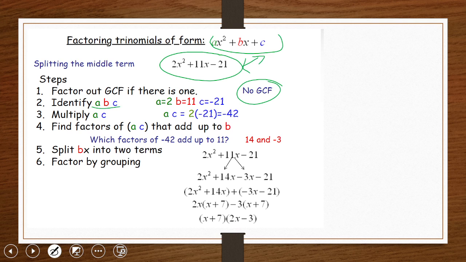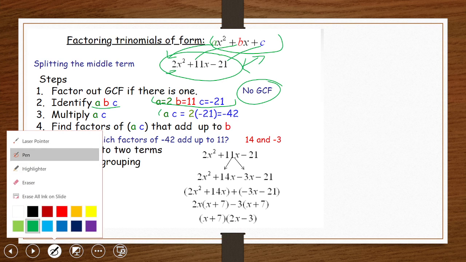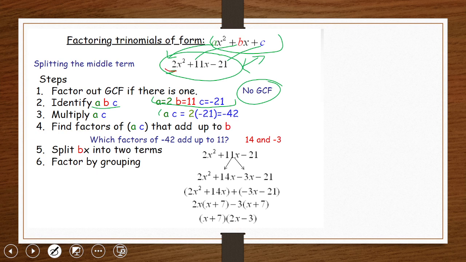Identify a, b, c. You can see in green letters we have written a, b, c. a is 2, b is 11, and c is minus 21. I have written this over here. This is the first term and this is the last term, a and c.